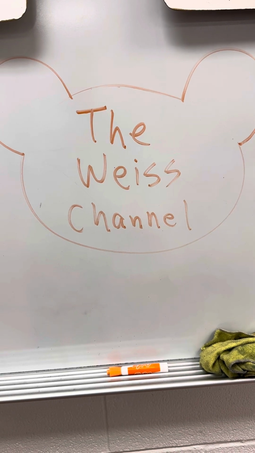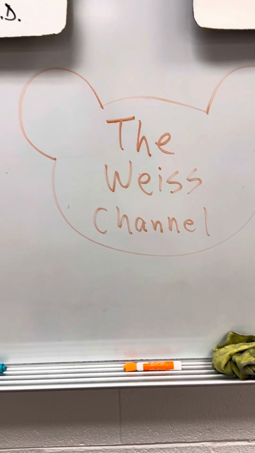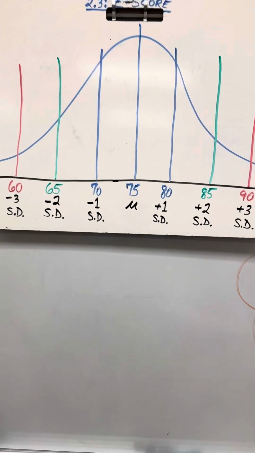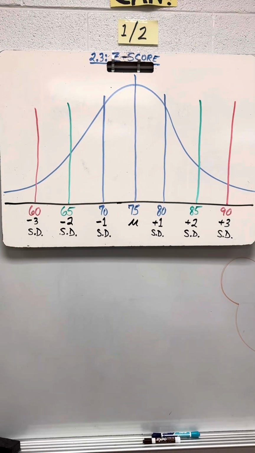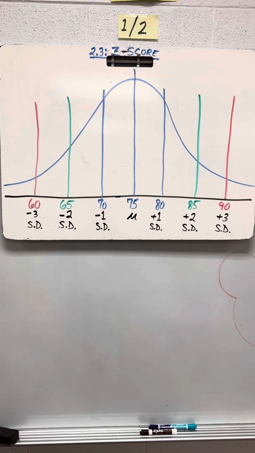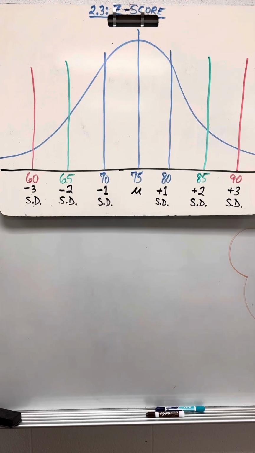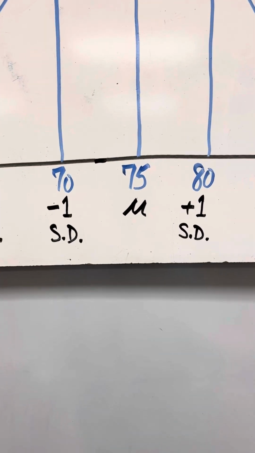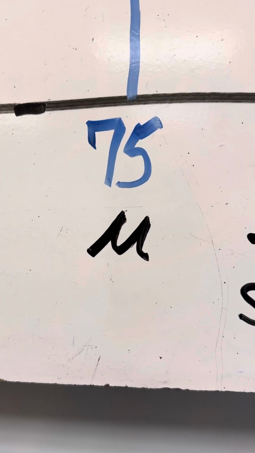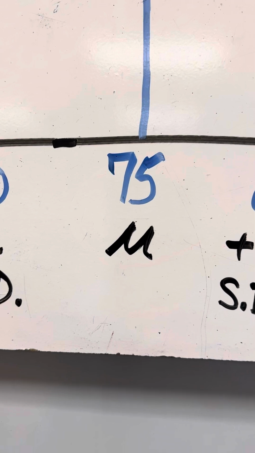So today I'm going to show you Z-score, which directly applies to standard deviation. Here's an example of a normal curve with a mean, or mu, that is the Greek letter mu, of 75.